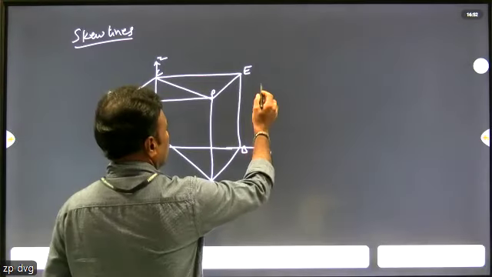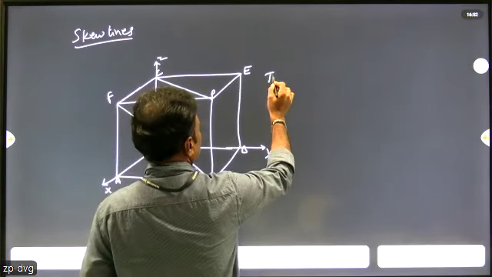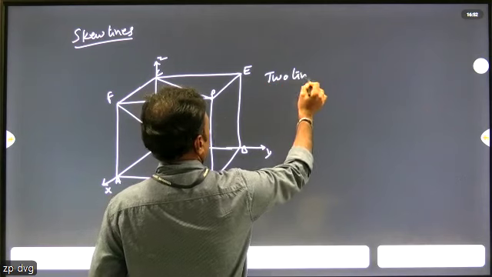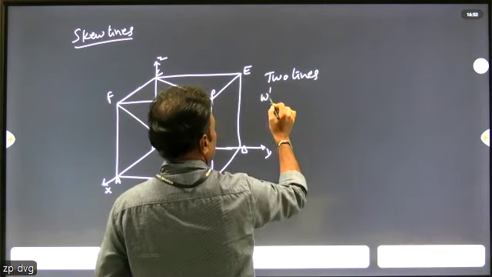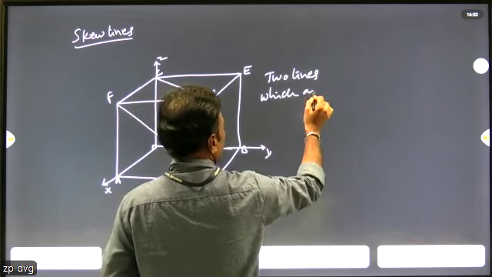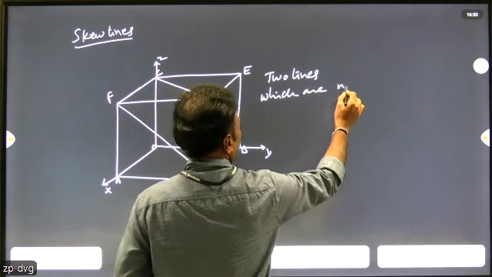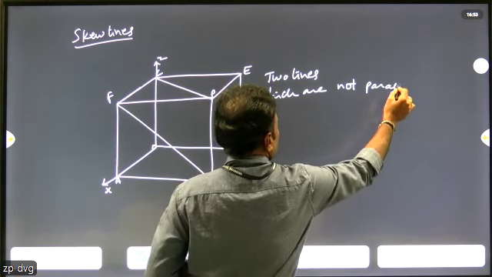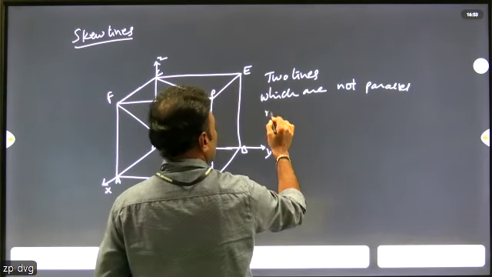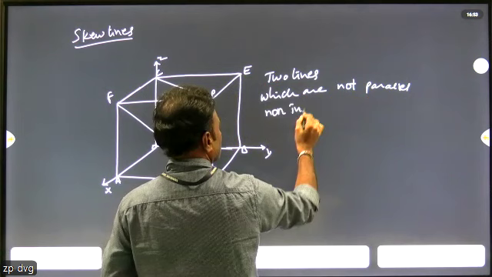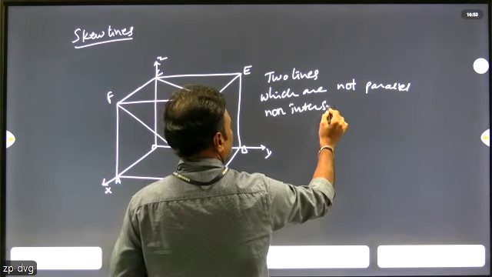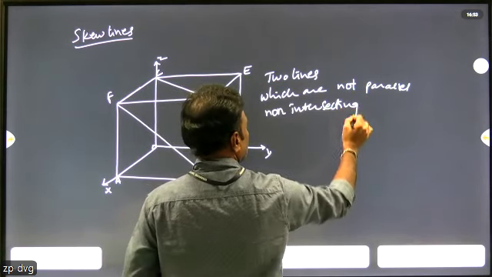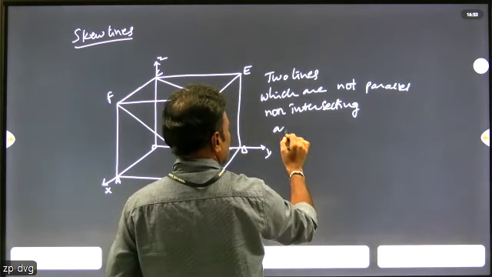So here skew lines means two lines which are not parallel, non-intersecting, are called skew lines.